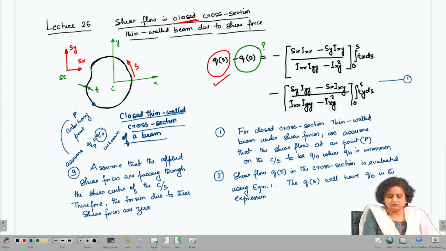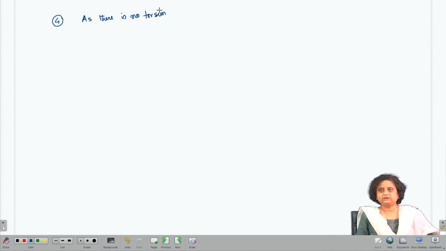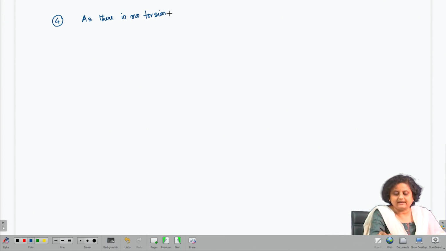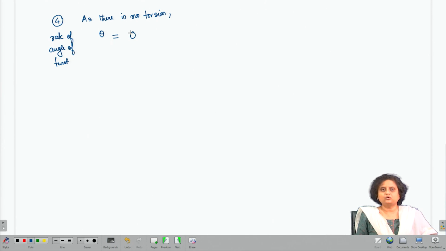So, since there is no torsion, the fourth step says, as there is no torsion in the cross section, we can say that theta, or rate of angle of twist, has to be equal to 0, because there is no torsional moment.